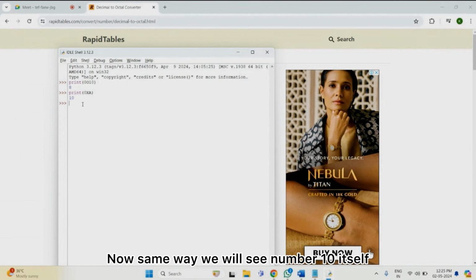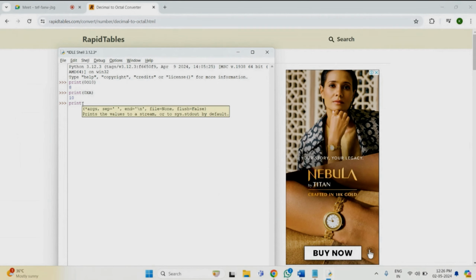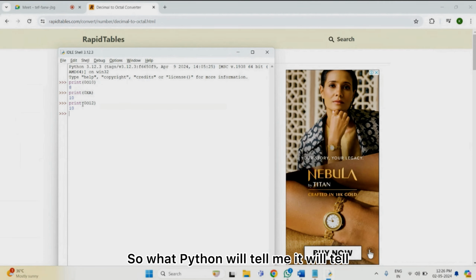Now same way, we will see number 10 itself in the octal system. When I say 0, don't confuse the 0 and O. First is always 0. If it is O, it is octal, and X means hexadecimal. So I put an O and I say 1, 2. What will Python tell me? It will tell me you're representing number 10.